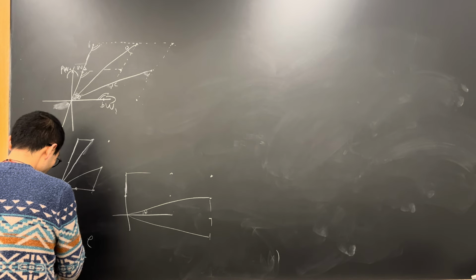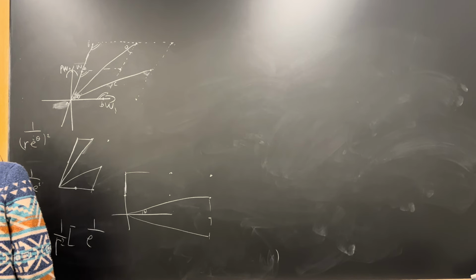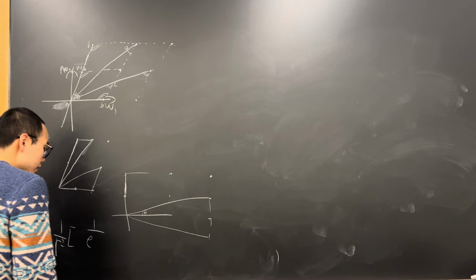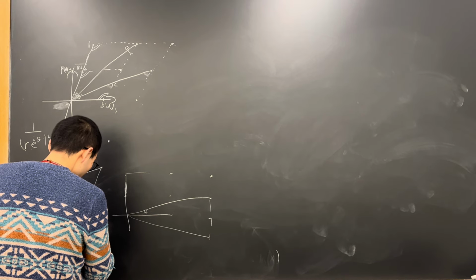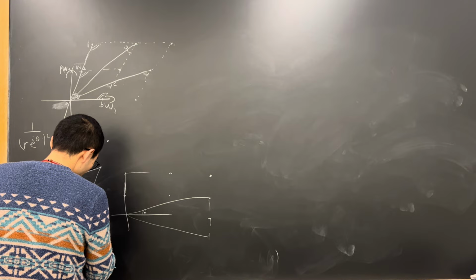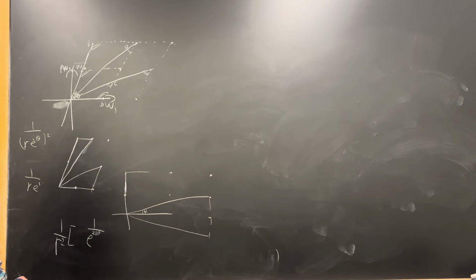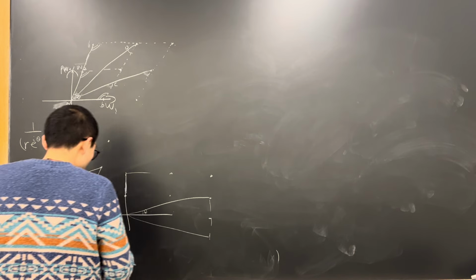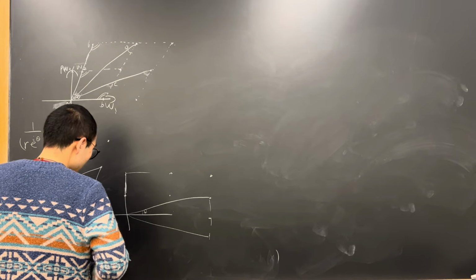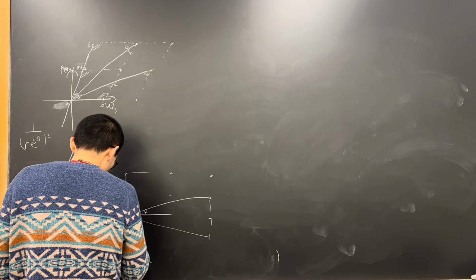So I have 1 over r squared, and then 1 over e to the 2i theta, plus 1 over e to the negative theta.